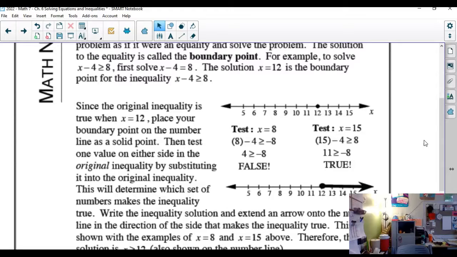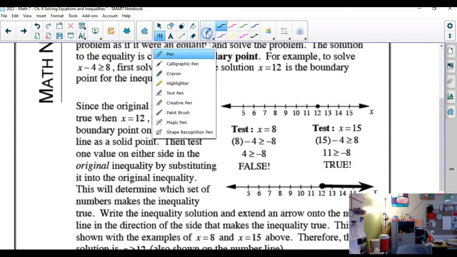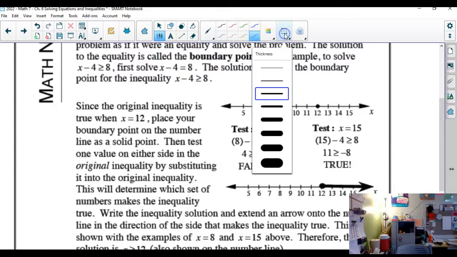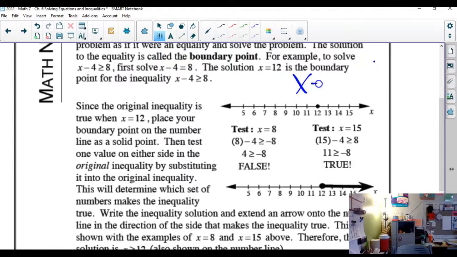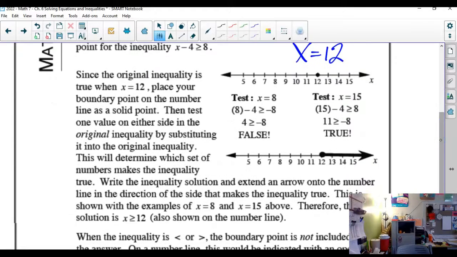So this example from our book would be like if we said, graph on a number line, x is equal to 12. Okay, 12, right there. But if somebody tells you to graph x is greater than or equal to 12, we put our boundary point on the 12. You don't have to write any of this down. I'm just reviewing this because it's what we did last week, and we're in a new week.